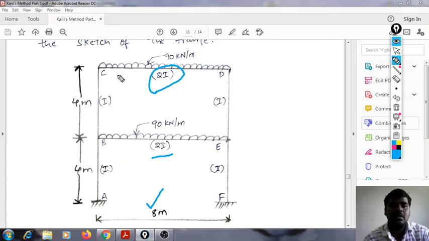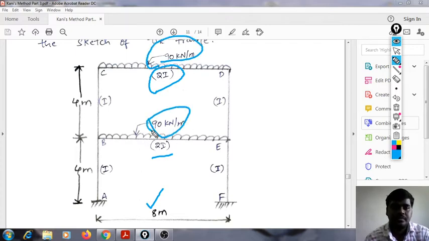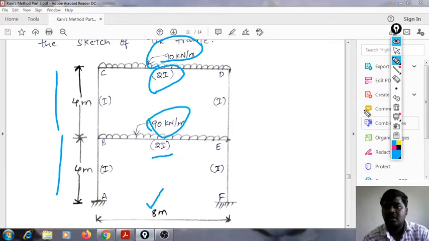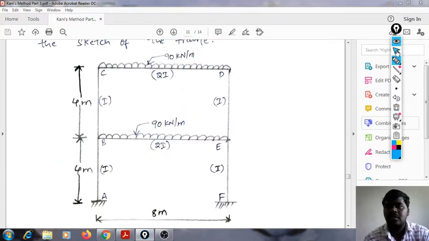On both sides, a 90 kilonewton per meter load is applied, and the heights of the spans are equal, 4 meters and 4 meters. After knowing these values, we have to solve the problem.